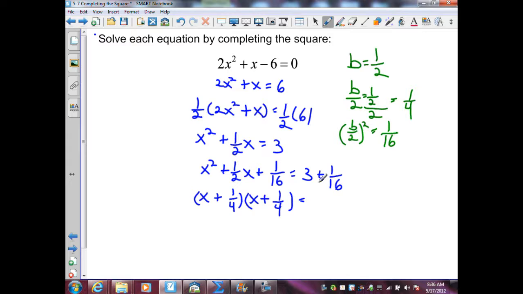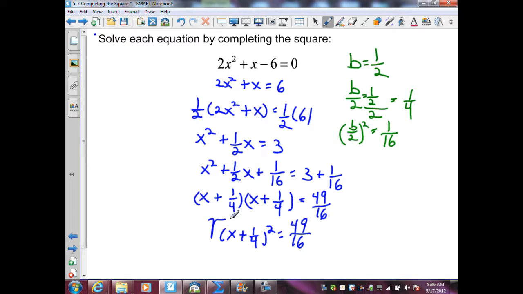And on the right side, I have a common denominator of 16. So I'm going to multiply the top and bottom by 16. That gives me 48 over 16. 48 plus 1 is 49/16. Then a product of factors can be written as x plus 1/4 squared equals 49/16.